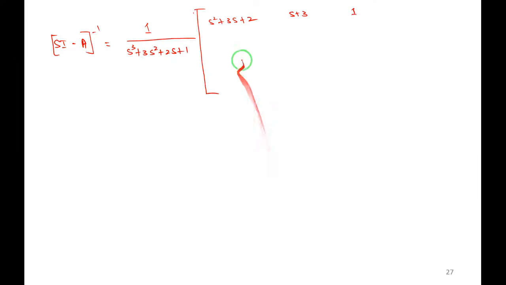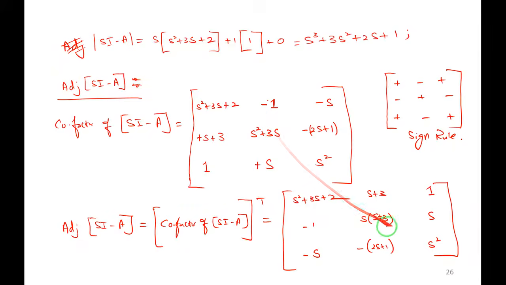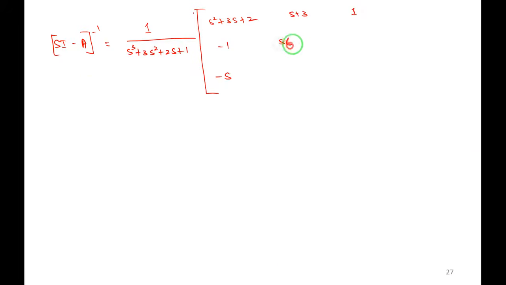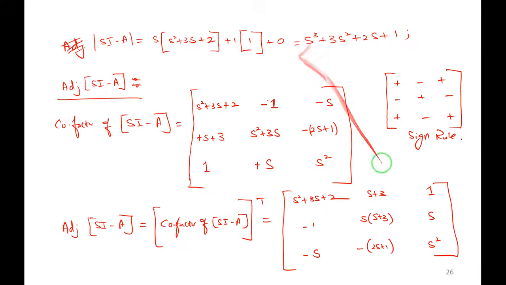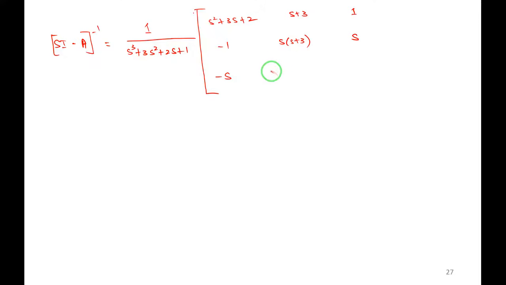Next, minus 1, minus s into s plus 3, then s, minus of 2s plus 1, the next s square. Right, this is (sI minus A) whole inverse.